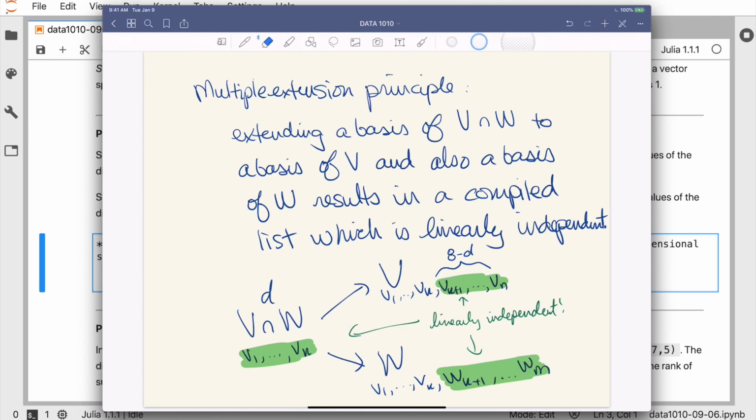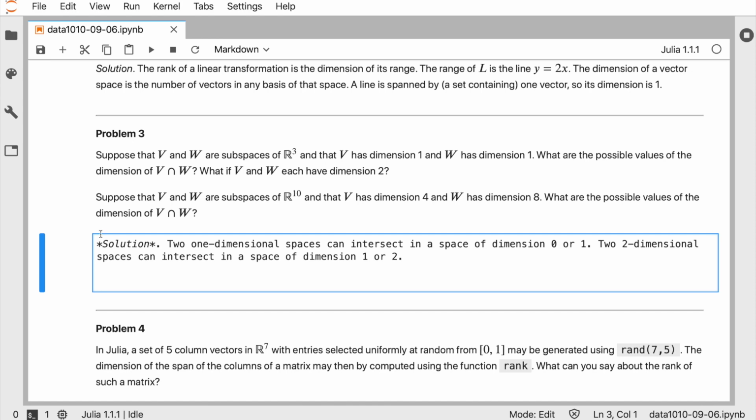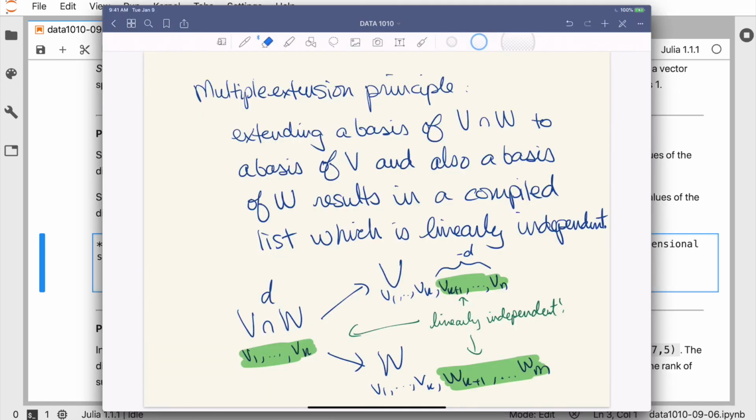And sorry, I think V was the 4-dimensional one. Actually, I forgot. Let me look back. Yeah, V is 4-dimensional. So there's going to be 4 minus D vectors there that get added on, and there's going to be 8 minus D vectors here.